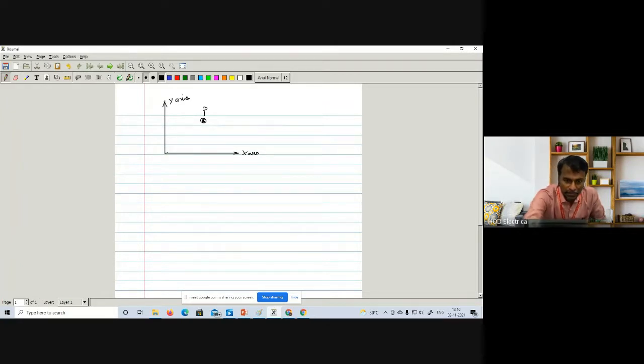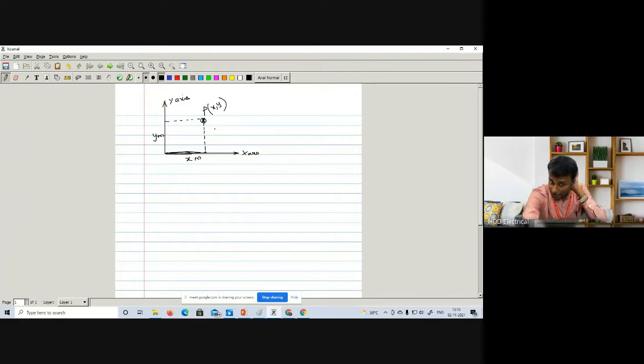For example, to make this point, first we take the distance along the x-axis, say x meters, then along the y-axis, y meters. Therefore, this point will be x comma y.